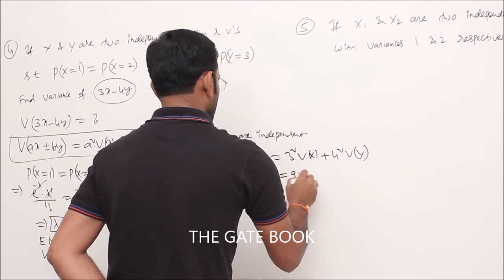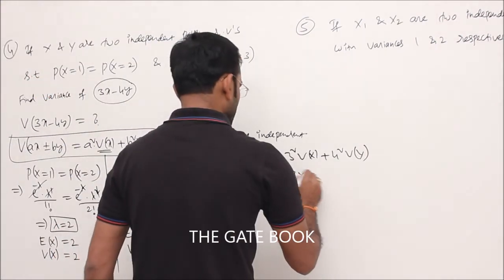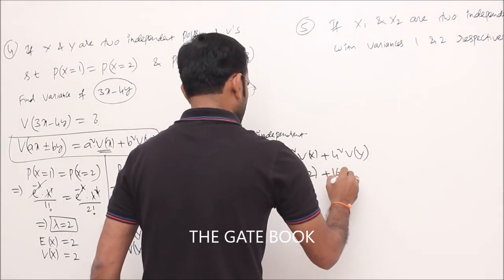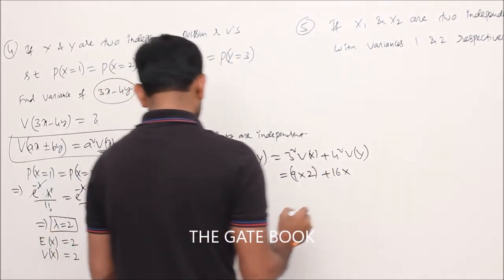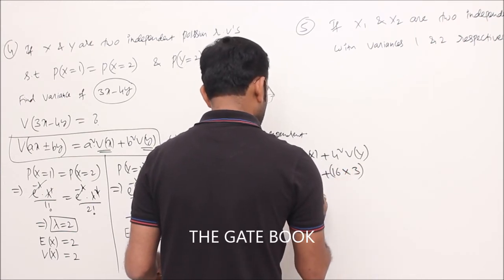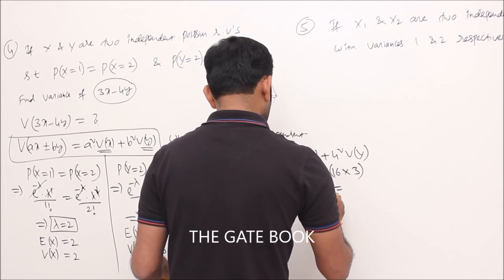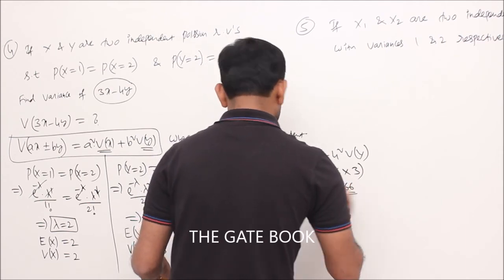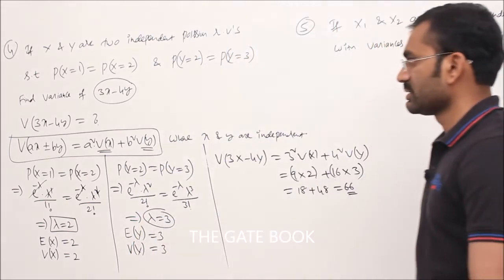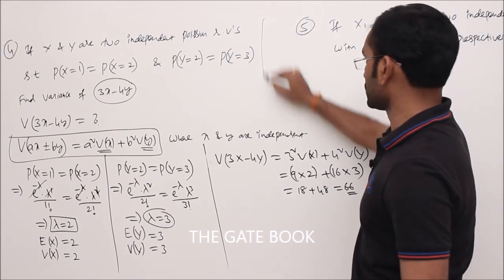So 9 into variance of x is 2, plus 16 into variance of y is 3. So we'll get 18 plus 48, that is equal to 66. So variance of 3x minus 4y is 66. This is the solution for that fourth question.